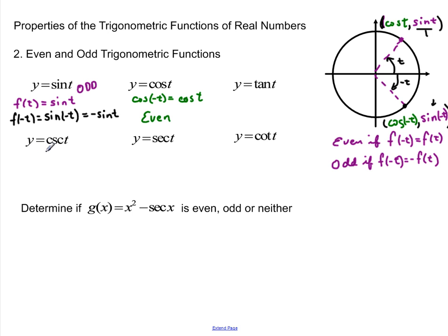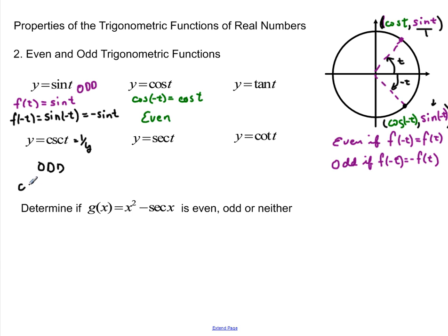It's very easy to get cosecant of t and secant of t if we recognize that, well, okay, the cosecant function is equal to 1 over our y-coordinate, and right here our y-coordinates change from positive to negative, so that makes cosecant of t an odd function.